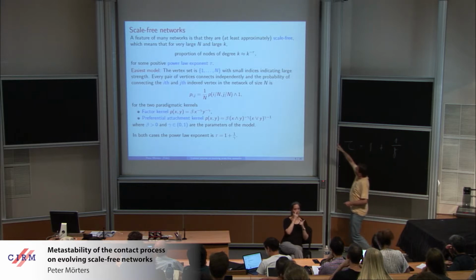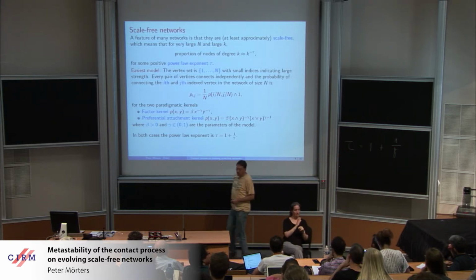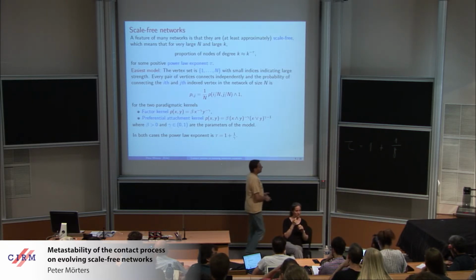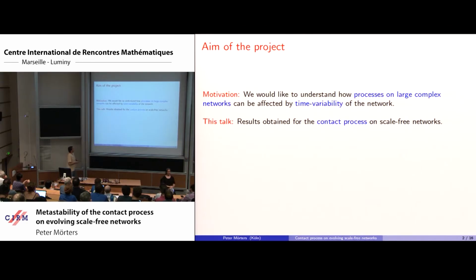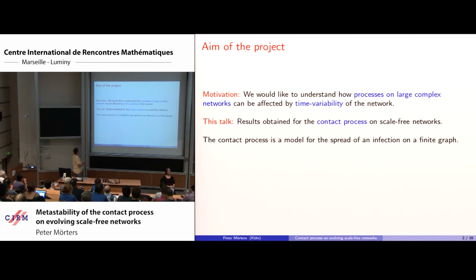So the contact process is one of these epidemic processes, also known as the SIS infection. It's an epidemic process describing the spread of an infection or of information on a finite graph. So everything will be about finite graphs.